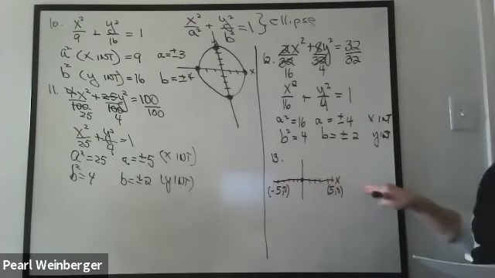Since it's 8, it means that you have to go up 4 and down 4, because again, it's 8 from tip to tip, so from the middle to the edge, it's 4. In other words, this is 0, 4 as 1 point, and this is 0, -4 as the other point. And here, this would be my ellipse.